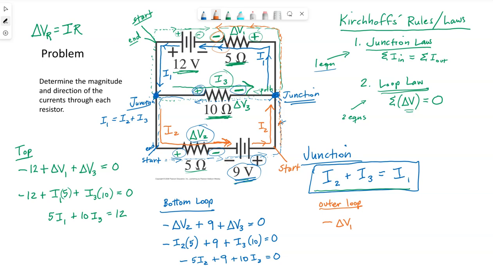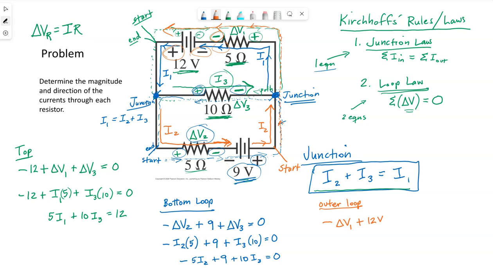You can totally memorize that part. If you're going with the current on your loop, then it's going to be a drop. As I continue this path, I'm still going to the left, which means I'm going from low to high as far as the battery is concerned. So I'm seeing an increase, so plus the 12 volts for the battery.